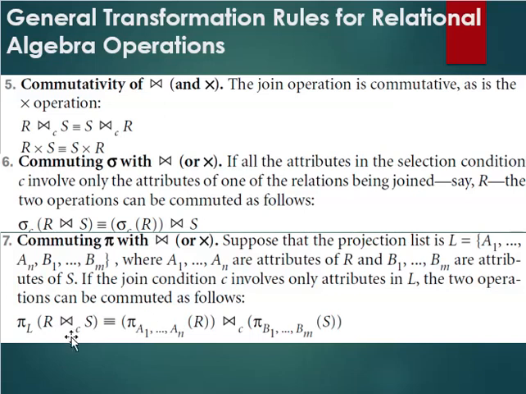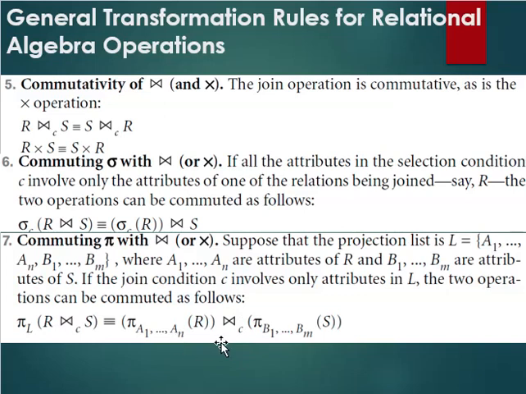In the same way, here also commuting project with join. You can do project with a list of elements L after joining R and S, and here firstly you do project on R, then project on S, and the result should be joined.